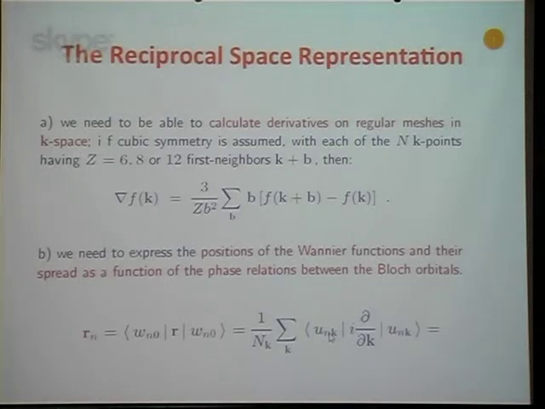I calculate the gradient by finite differences just by taking the function at my neighbor minus the function where I am. It needs to be done as a vectorial identity with the proper normalization, but that's trivial mathematics in that first line, and that's my finite difference approach to calculating gradients.